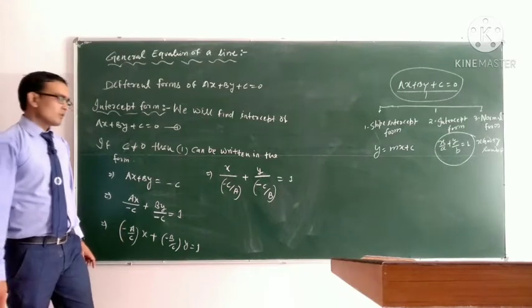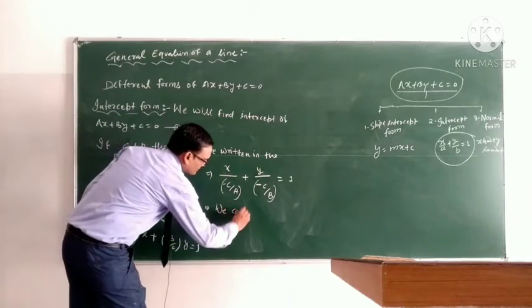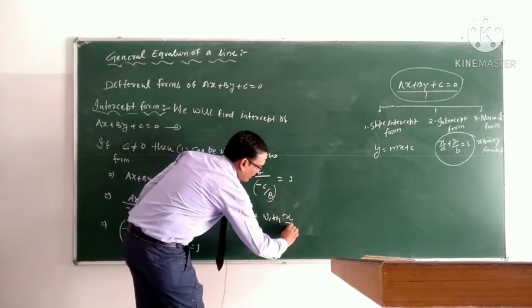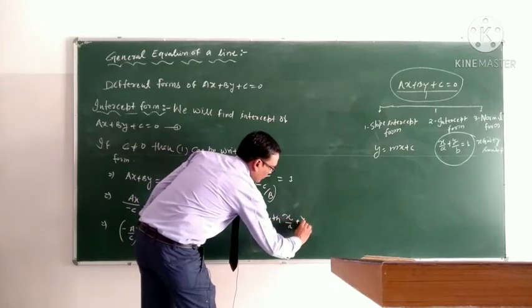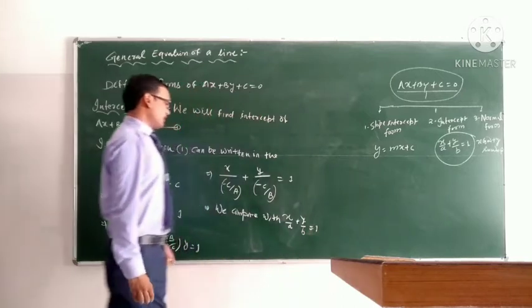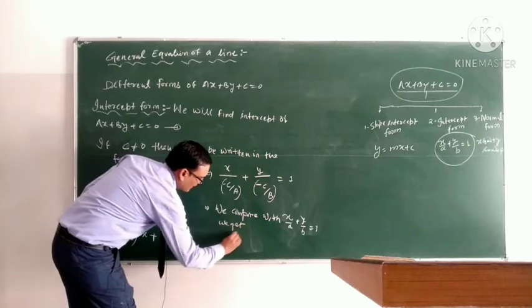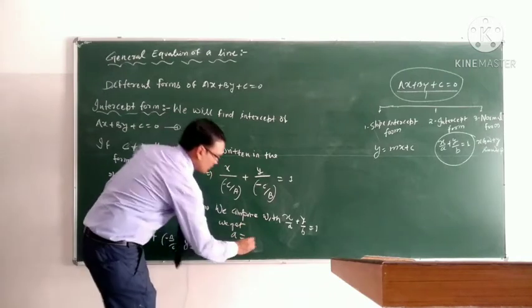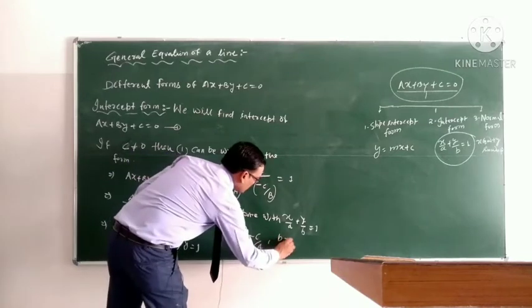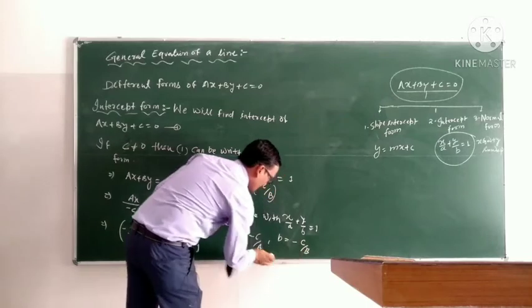We compare with x upon a plus y upon b equal to 1, and we get a equal to minus c upon a and b equal to minus c upon b.